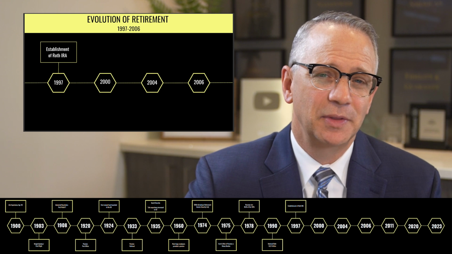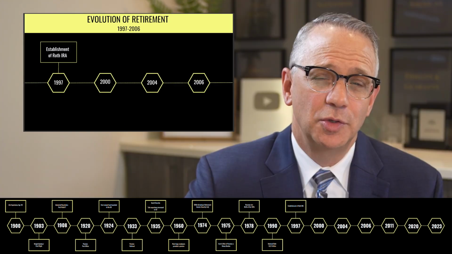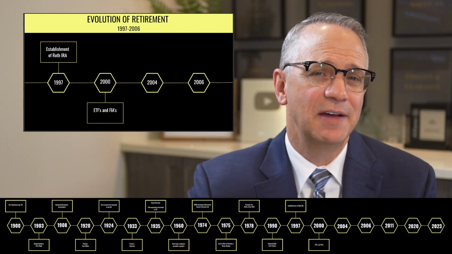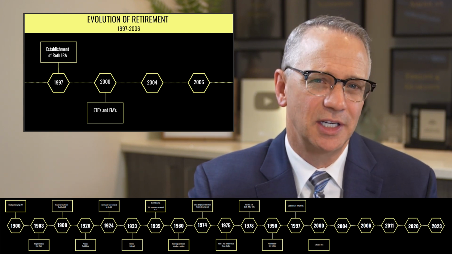The Roth has become something that's so important to us now, but it really hasn't been around that long, right? William Roth was the senator, and that's where that name comes from, the Roth IRA, where we can have tax-free growth.